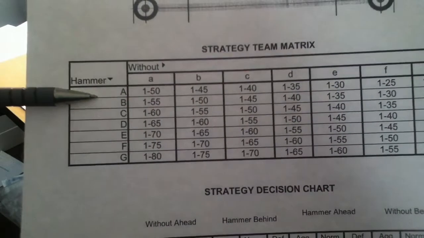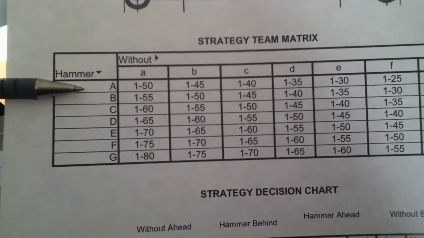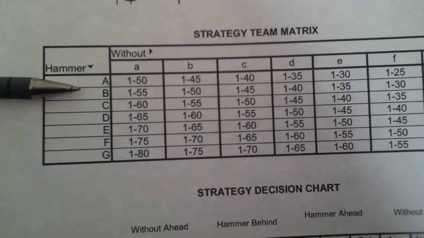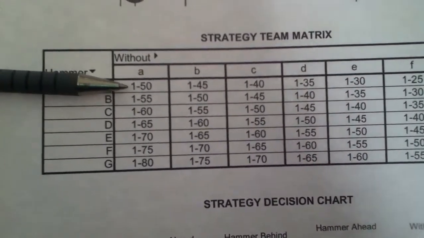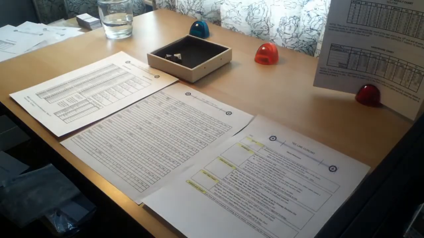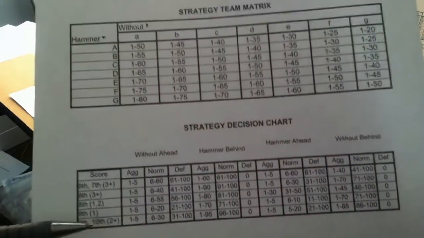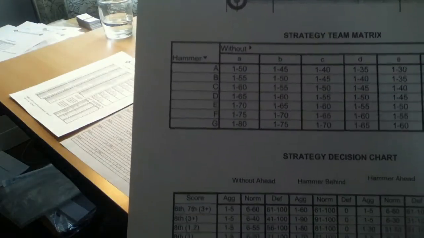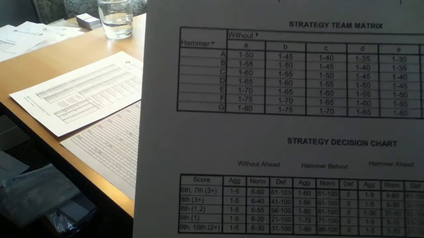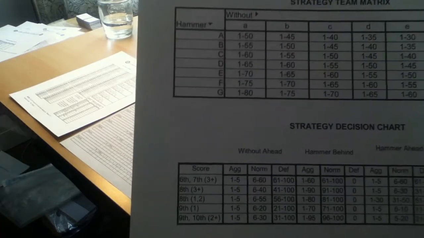So what you would do is take the rating of the hammer team and the rating of the team without the hammer, and you get a dice range. You roll your 2d10, and that's the dice range for the team without the hammer to go to this strategy decision chart. So say we rolled a 45. And so the team without the hammer is going to the strategy chart.